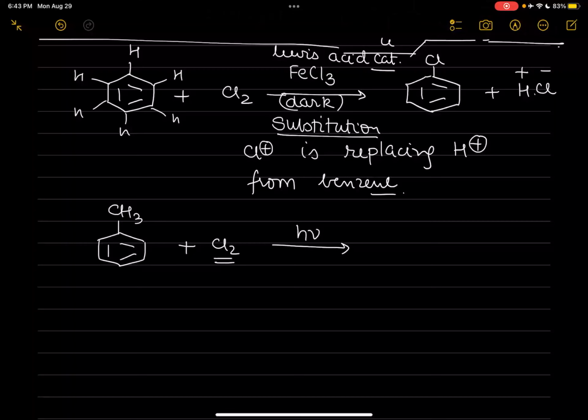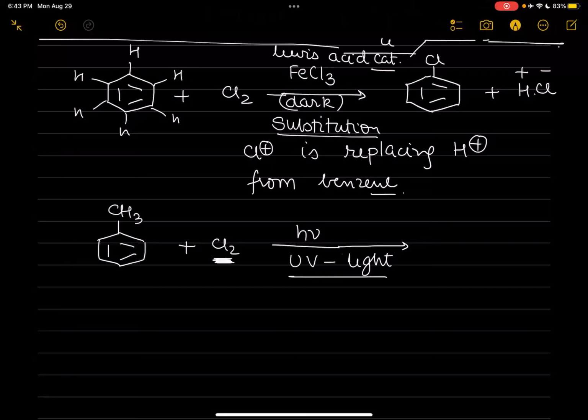Can you repeat the question again? Yeah, where will this Cl get attached, in the presence of UV light? Will it get attached to the benzene more easily or the alkyl group? Alkyl. Yeah, on the alkyl group.